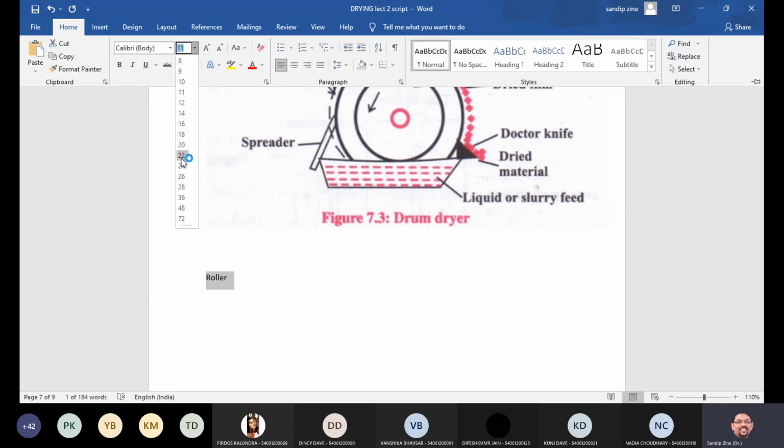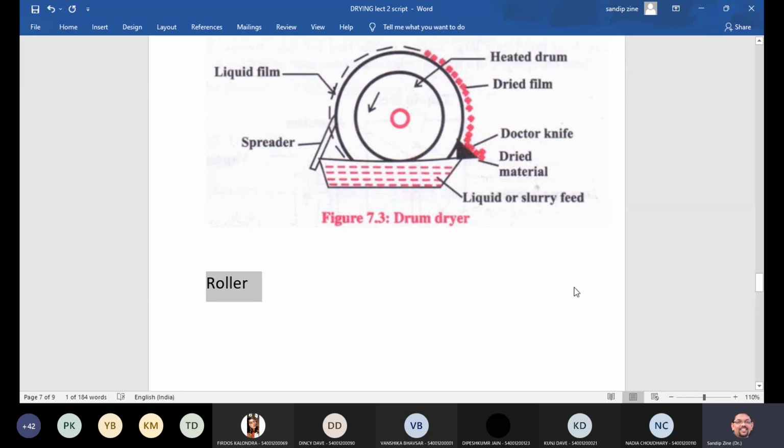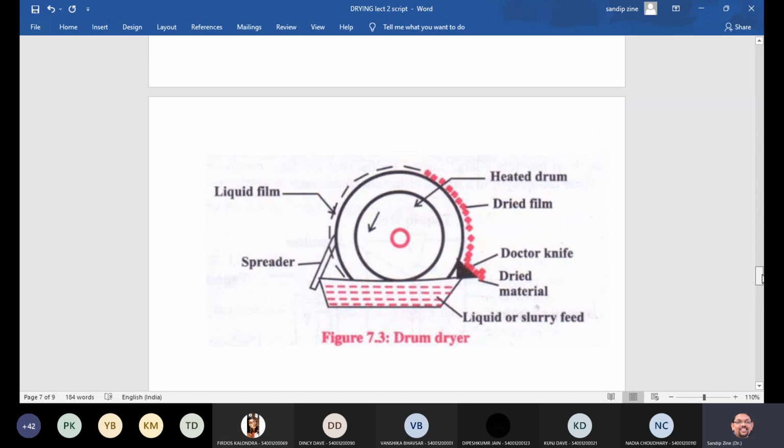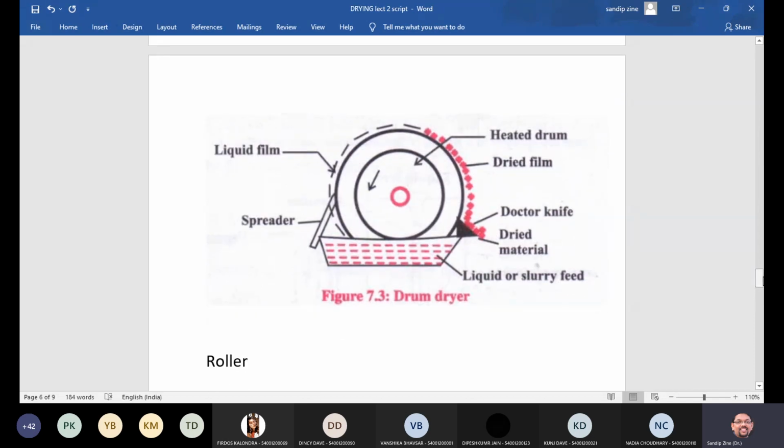So you just observe this diagram. What is your observation as compared to the tray dryer? You can easily point out some points in the drum dryer, and then we will take it for discussion. You just observe this diagram.